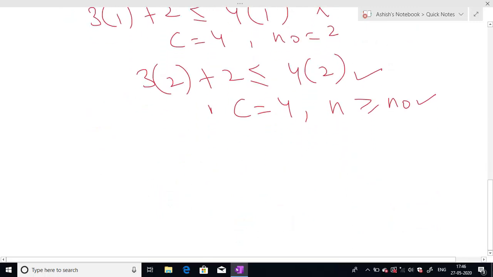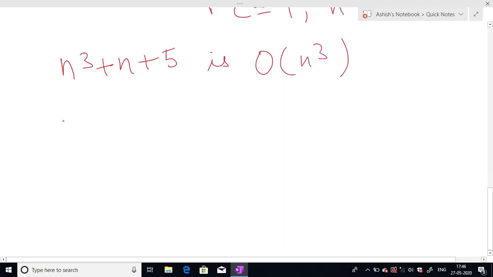Another example: function f(n) equal to n cube plus n plus 5 is big O of n cube. So we have to check that n cube plus n plus 5 is less than or equal to c times n cube.